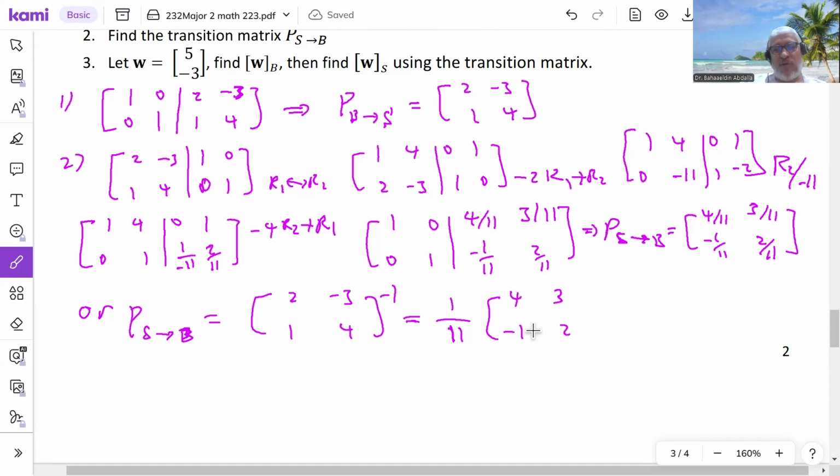Negative 3 and 1, we change signs, but we keep positions. And this is exactly this matrix. 4 over 11, 3 over 11, negative 1 over 11, and 2 over 11.